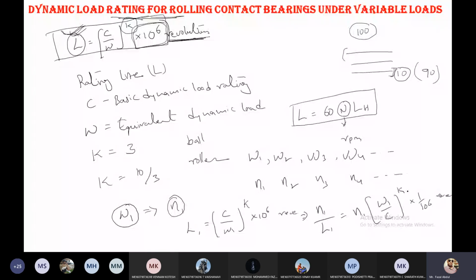This is the condition for the first time the load is active, when the bearing is subject to the first kind of load.